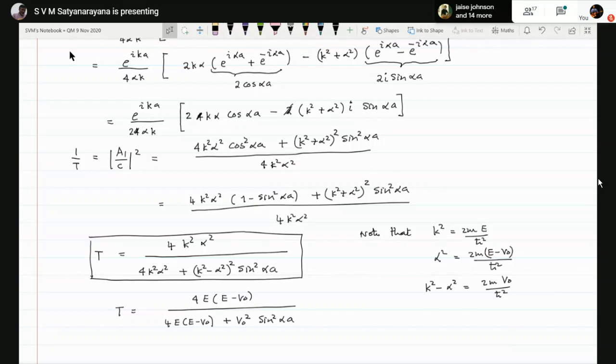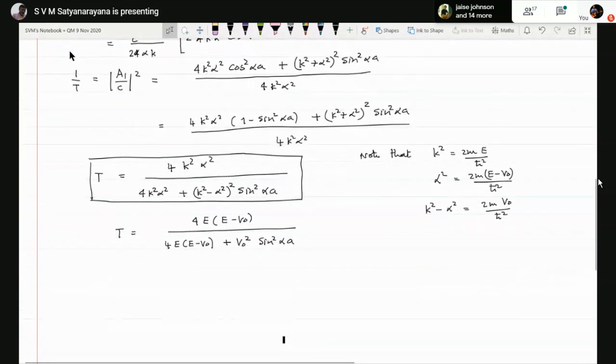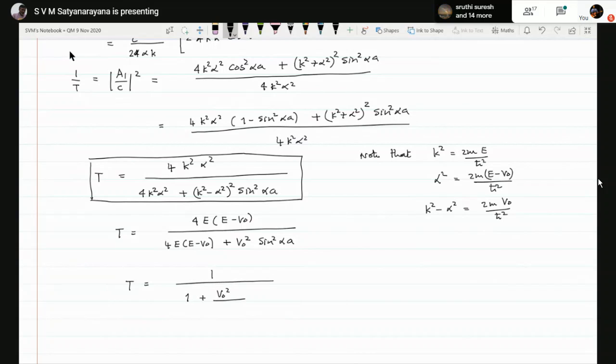Okay, so I can write this in the following fashion: T is equal to 1 divided by 1 plus V naught square divided by 4E into E minus V naught into sine square alpha a.